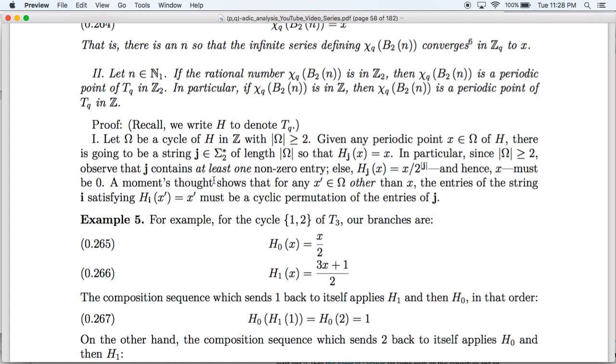In particular, by that earlier argument, if J does not contain at least one 1, we're going to force x to be 0. So this shows that bold J must contain at least one non-zero entry.